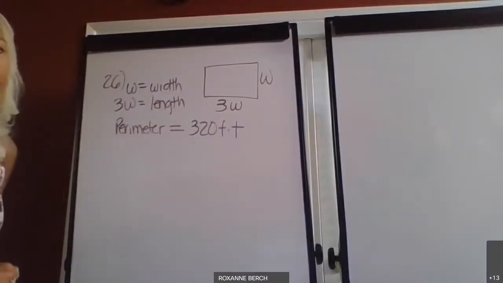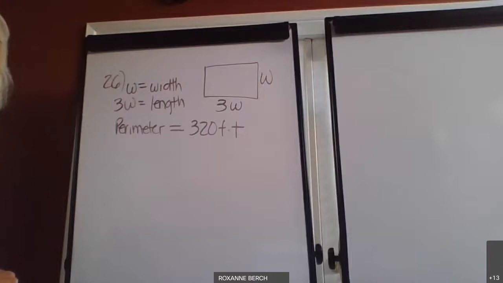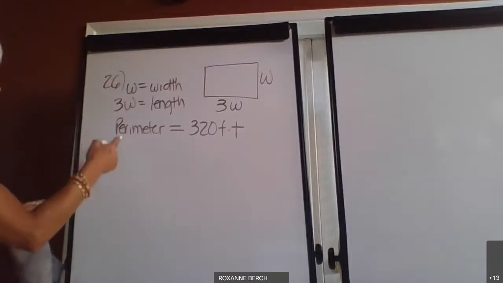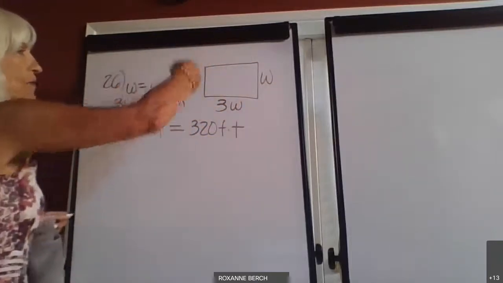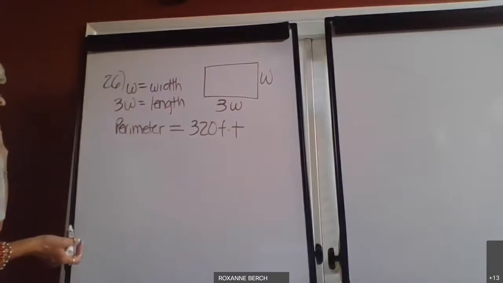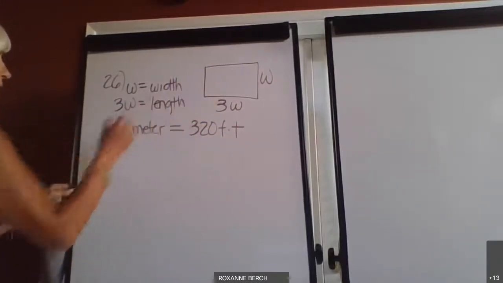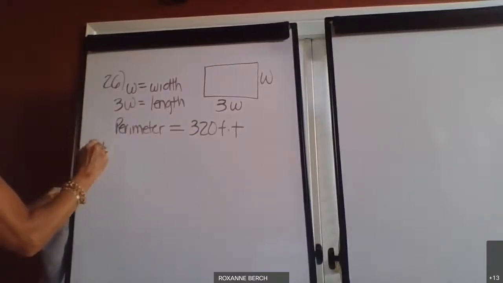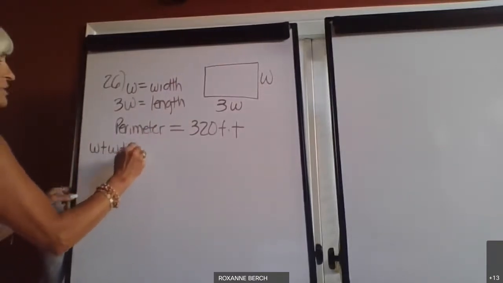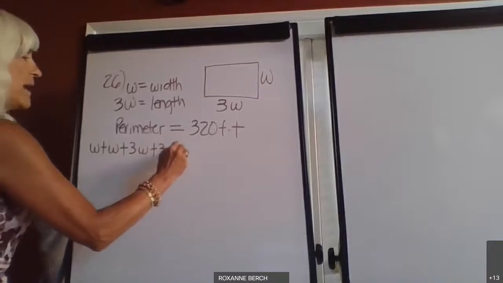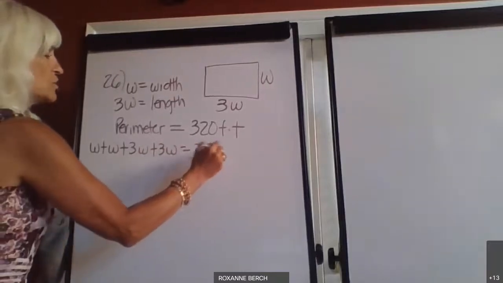You have to know what perimeter is, and if you don't know, you're going to have to look it up in your geometry book or online. But the perimeter is the distance around a polygon. So the perimeter means W plus W plus 3W plus 3W equals 320 feet.